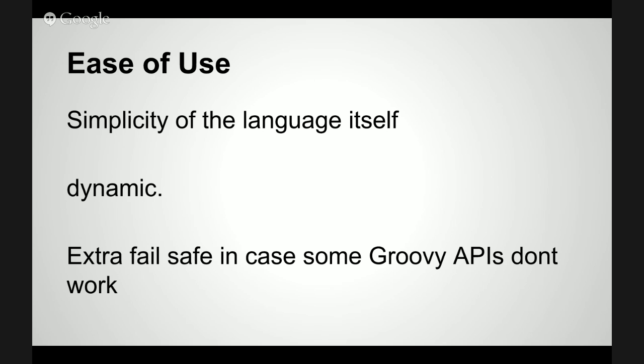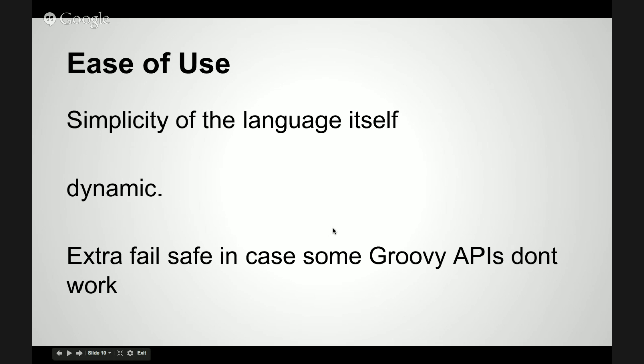Let's say in Android you have startActivity, and you have to supply a parameter inside that method. But in Groovy, you just write the method name, then a space, then the parameter name. It's just that easy.